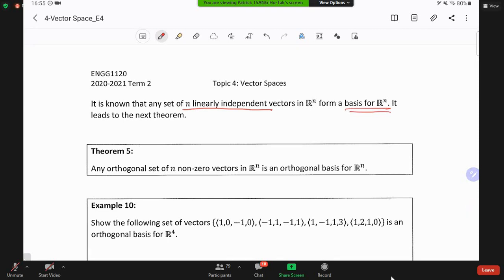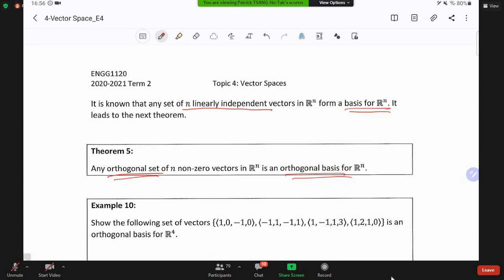Theorem 5 tells us that any orthogonal set of n non-zero vectors is an orthogonal basis. So let me repeat. Any orthogonal set of n non-zero vectors in a general Rn space will be an orthogonal basis for the Rn space. All right.